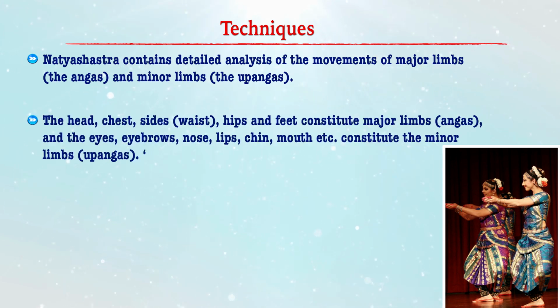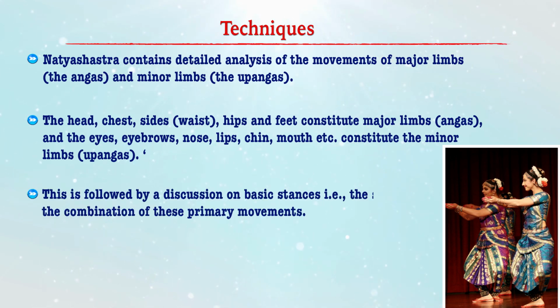The head, chest, sides, waist, hips and feet constitute major limbs, which are known as Angas, and the eyes, eyebrows, nose, lip, chin, mouth, etc. constitute the minor limbs, which are Up-Angas. Then we have the discussion also on the basic sthanas, that is the combination of primary movement.